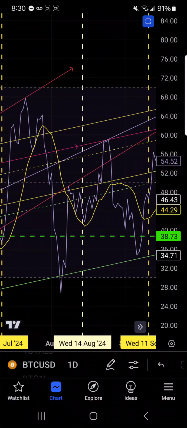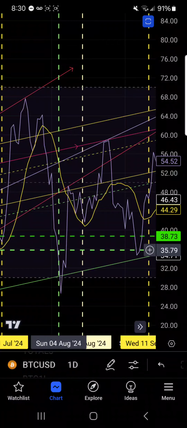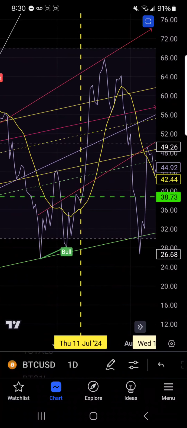You can see times that we have crossed below that line have dropped down significantly.